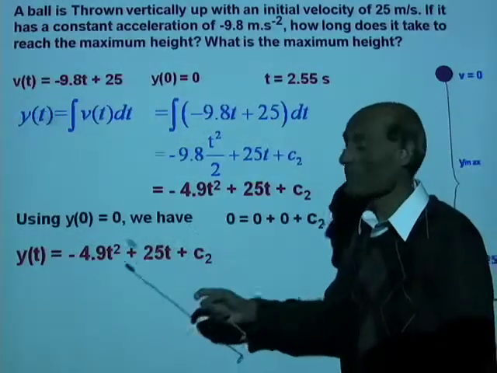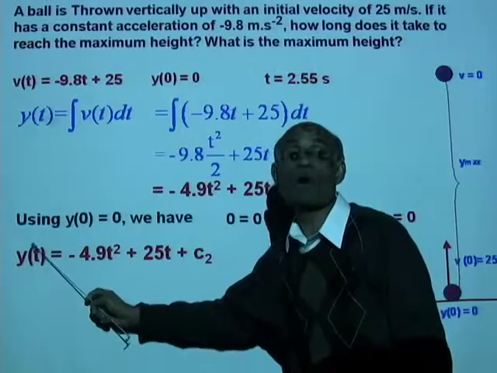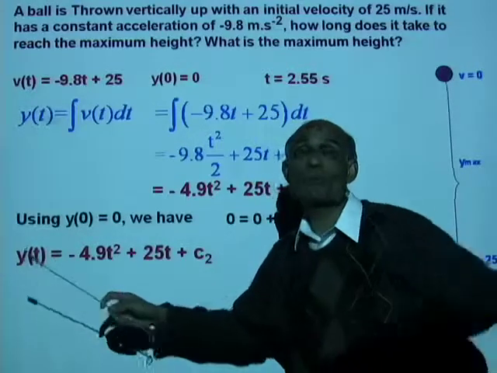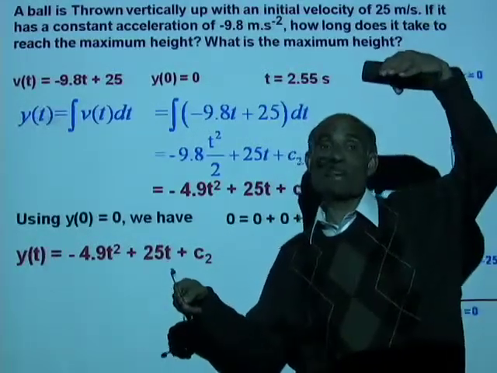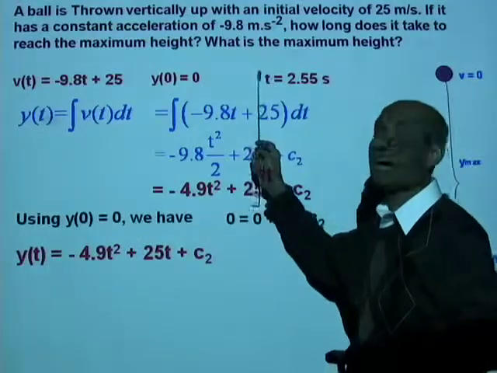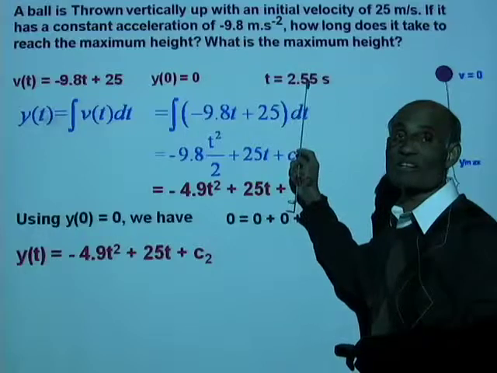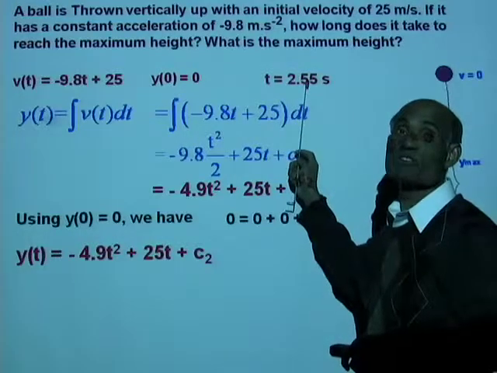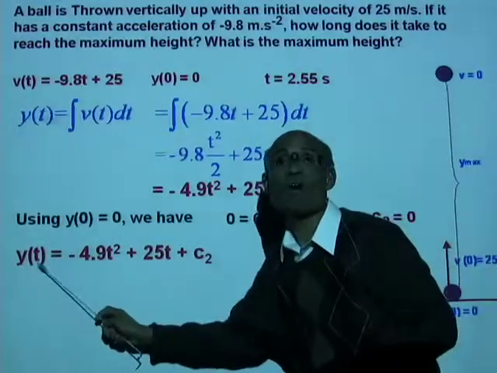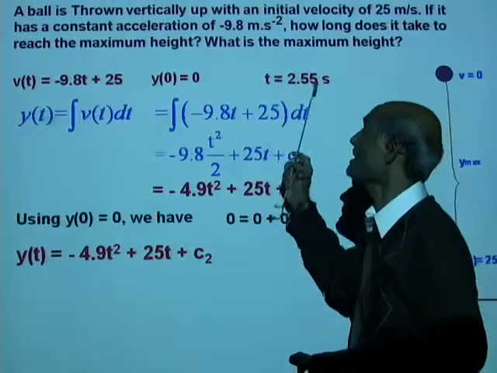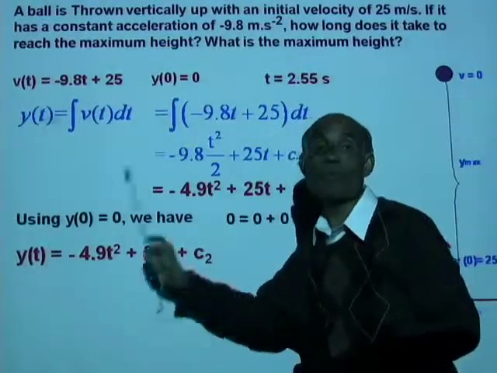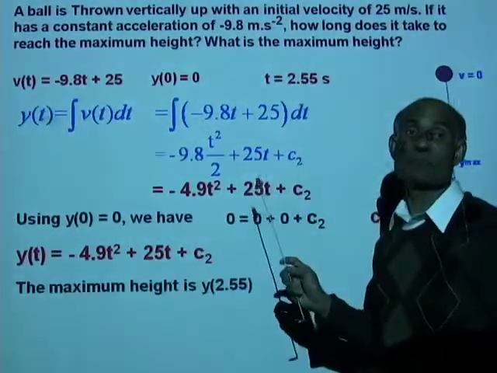It means the value of y when the ball is at the maximum height. You know that the time taken by the ball to reach the maximum height is 2.55 seconds. So all we need to do is find y of 2.55 seconds.